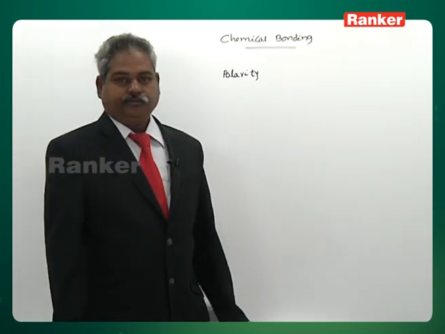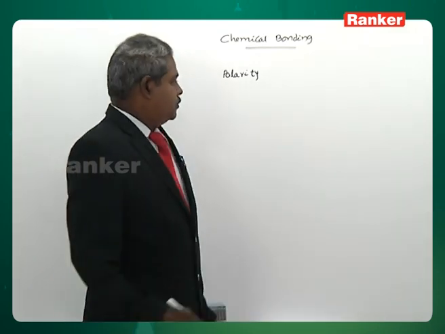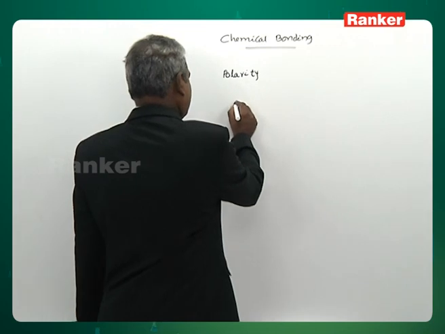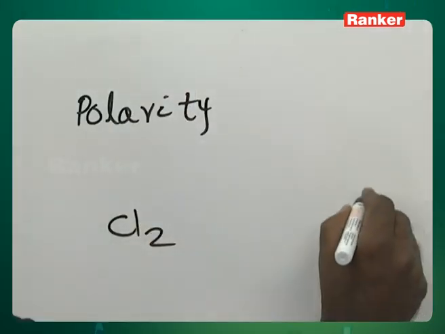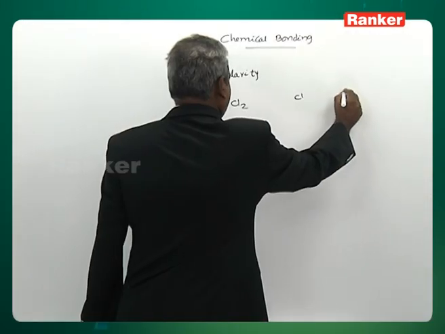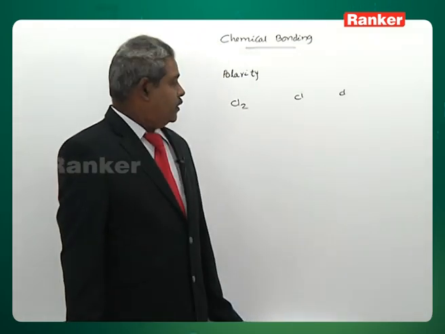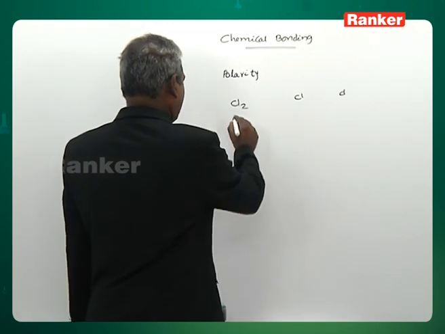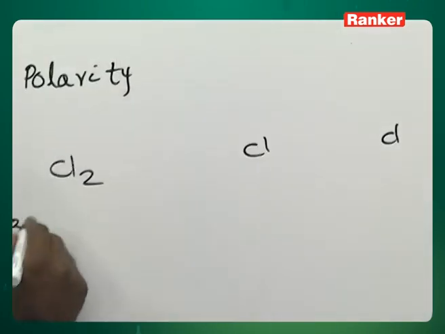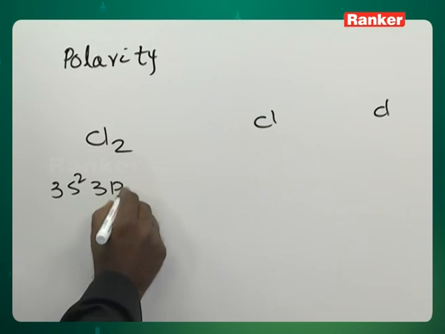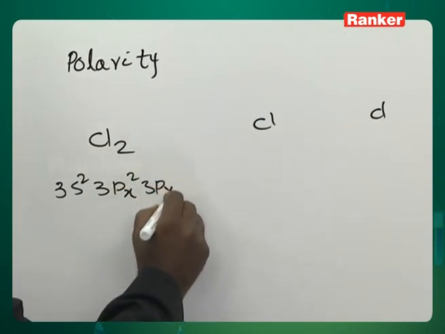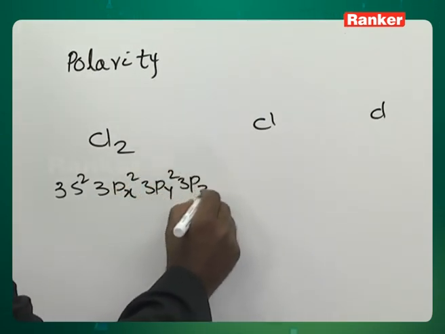Look here. Suppose there is a molecule called Cl2 in which 2 chlorine atoms are participating. And you know only the last electron, that is 3s2, 3px2, 3py2, 3pz1.